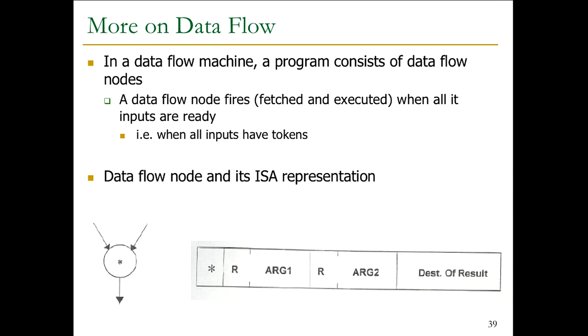If it's ready, you get the value here. When both bits are set to 1, this node fires and gets the argument values at that point. And this is the destination of the result, which means: which instruction should it enable?